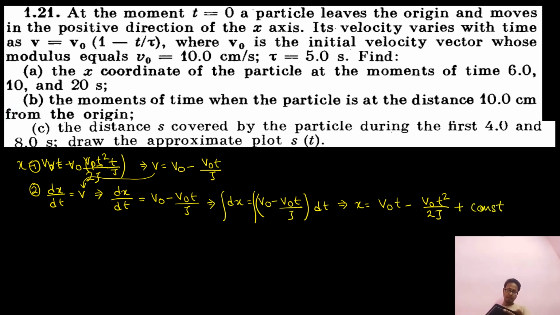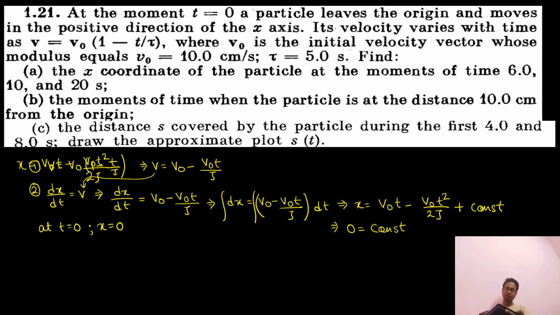Now see, using the first line of the question, at t is equal to 0, the particle leaves at the origin. So you understand that at t is equal to 0, the value of x is also equal to 0. Putting these two values in this equation, v naught into 0 minus v naught into 0 square by 2 tau plus constant is equal to 0.